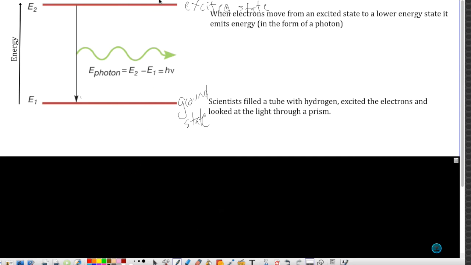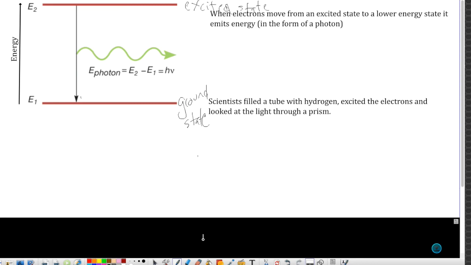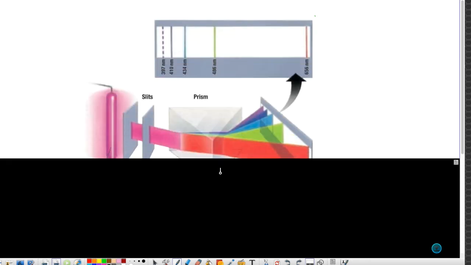Then you should get photons with a bunch of different energies, meaning a bunch of different frequencies, wavelengths, colors, or lines on the electromagnetic spectrum. But that's actually not what they saw. And this was really interesting.